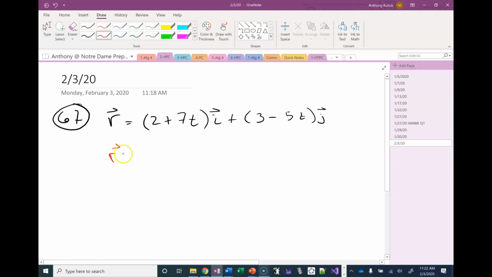So what I'm going to do is start just by distributing this i through, and the j through. And then what I'm going to group together now are the parts with the t's and the parts without the t's.